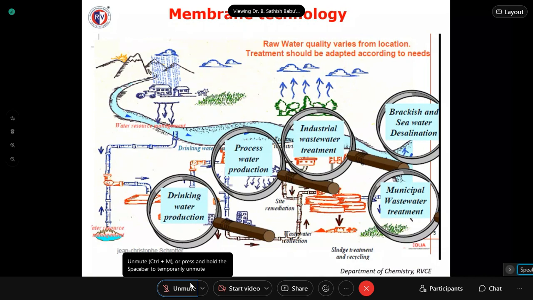So all these things involve some kind of purification, and all these purification methods involve membranes. In water technology, this purification is called membrane technology. So this is the brief introduction for this.